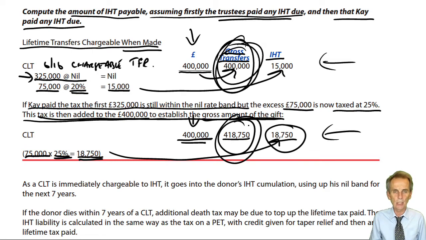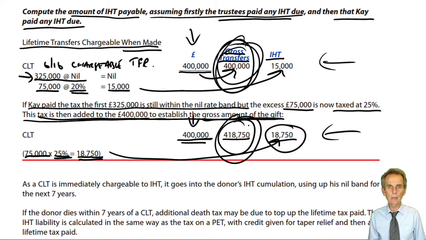Either the trustees, in which case the amount of the chargeable transfer is the gross amount of the transfer. That is what will be used for cumulative purposes in any other parts of our IHT computations. If the donor, the settlor, the taxpayer concerned, here K, made the payment of the tax, then the transfer here of 400,000 is a net transfer.